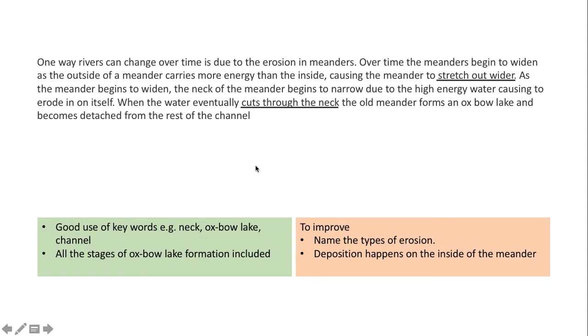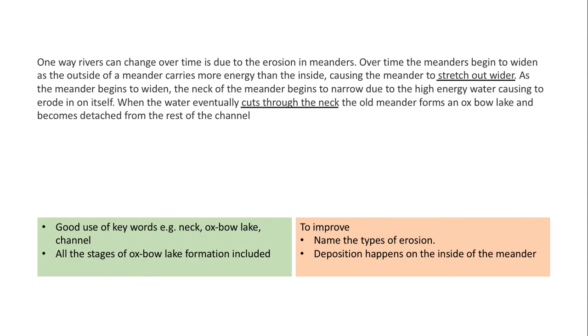A couple of things that we need to change. Here, this sentence: over time the meanders begin to widen as the outside of the meander carries more energy than the inside, causing the meander to stretch out wider. I know what you mean. I was talking about the river becoming bendier, the meander getting wider. The wording that we're going to use is causing the meander to become more pronounced.